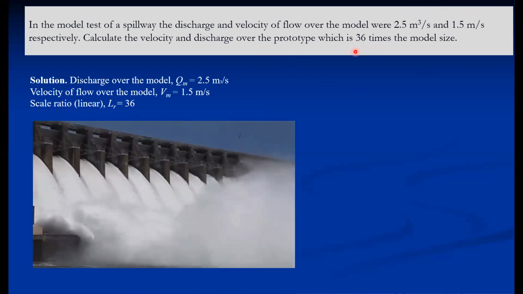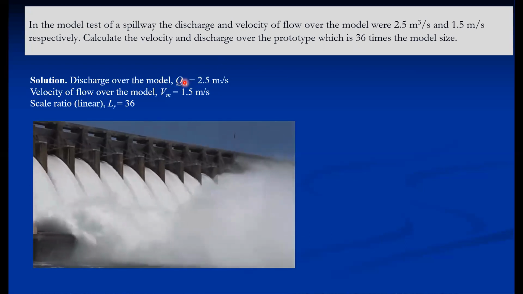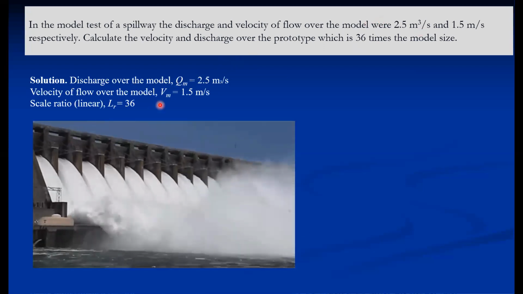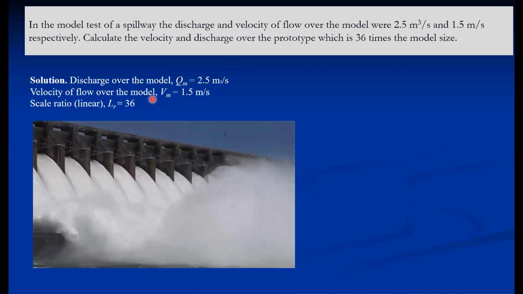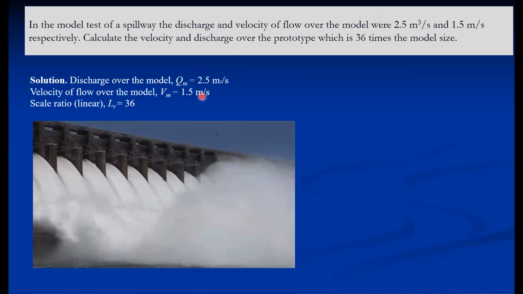First of all, write the given quantities in appropriate units. All the quantities related to the model are given, that is discharge Qm and velocity Vm. Then the scale ratio Lr, that is 36, is given.